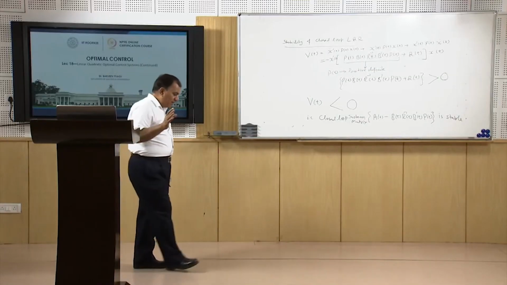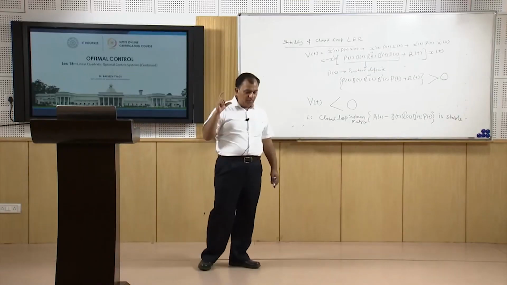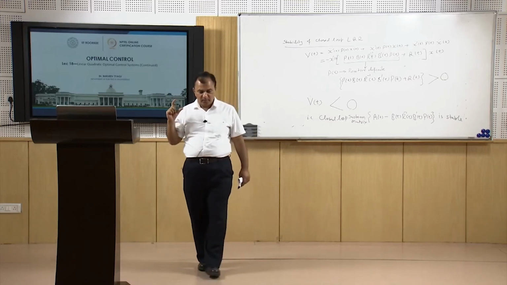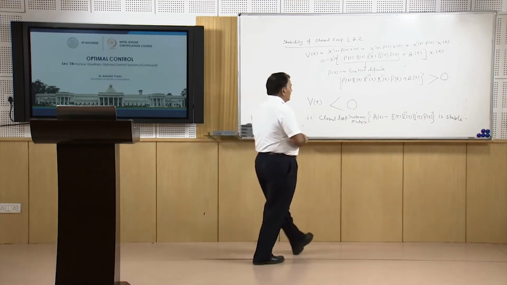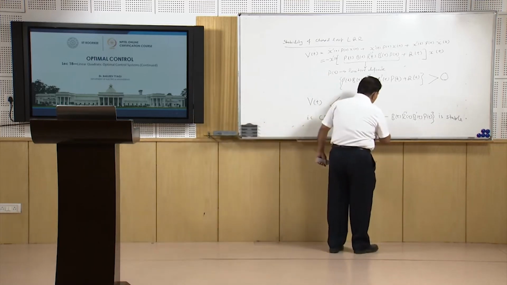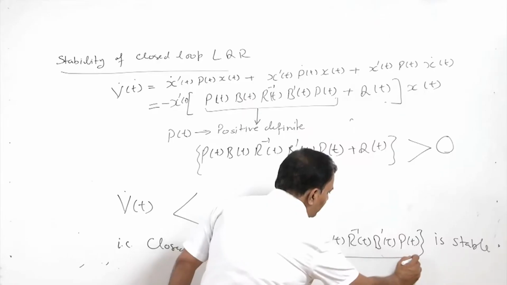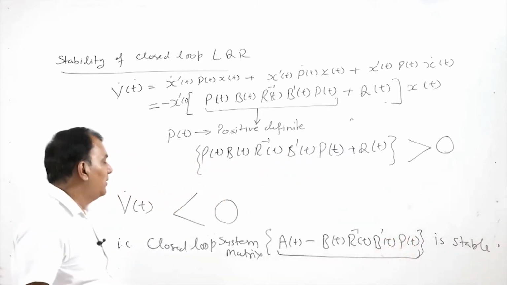So, in a finite time regulator also, whatever be my matrix A, I can say my state feedback regulator system is a stable system.